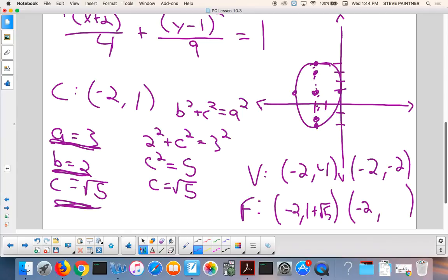Yeah, so you could do plus or minus, or you could write it as two separate. So we have center, we have vertices, we have focus points. We have a sketch. It's about as much information as you'll ever be asked to provide.